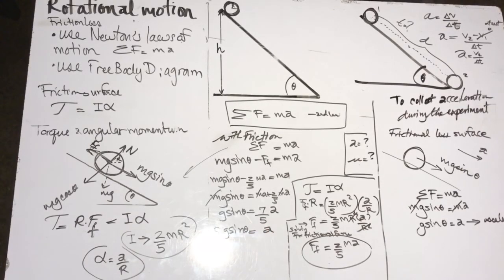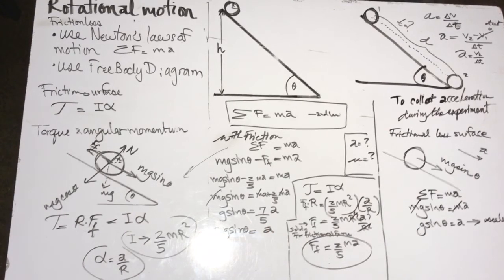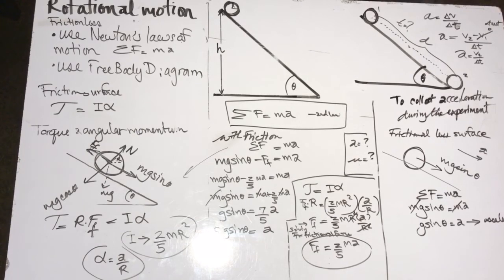So the acceleration in this case is equal to 5/7 gravity times sin of the angle. Let me write over here so that you can see better.